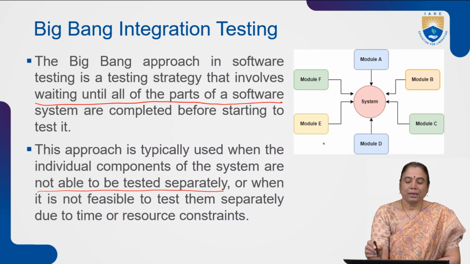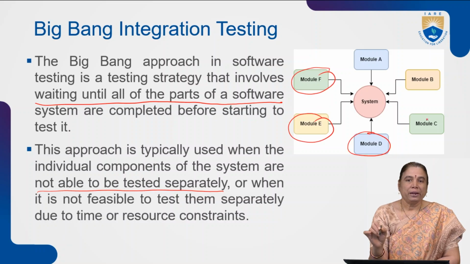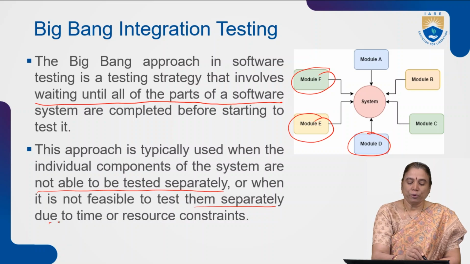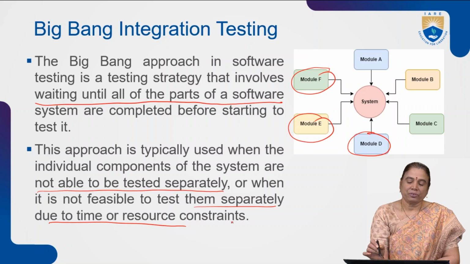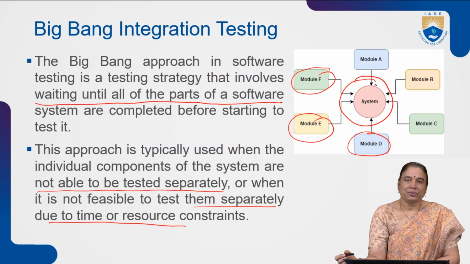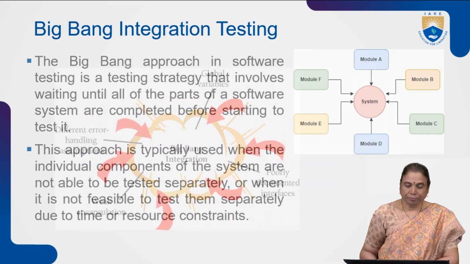So here consider this example, the modules that are involved in this system are completely developed, and only then the testing of this system can be carried out. It is also a feasible solution when testing separately is not possible due to time or resource constraints, and the entire system can be tested after completion of all parts of the software in Big Bang integration testing.